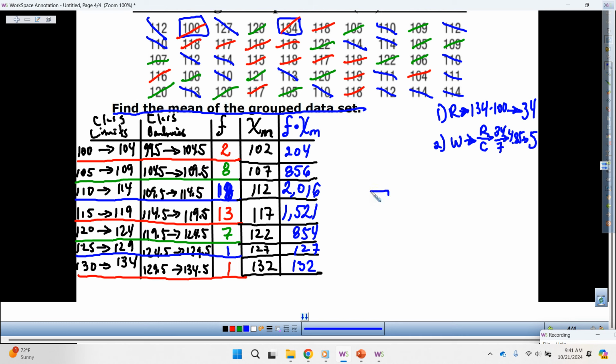Yeah, add them all up or draw the symbol sigma. And then we're going to divide by n, or the number of data that we have here. Yes. So 204 plus 856 plus 2016 plus 1,521 plus 854 plus 127 plus 132.